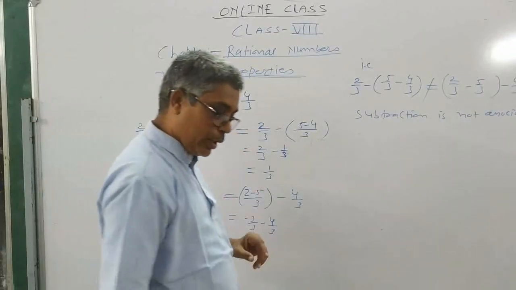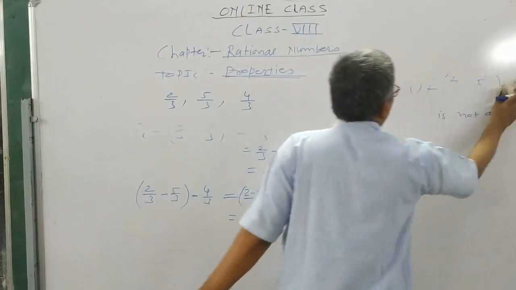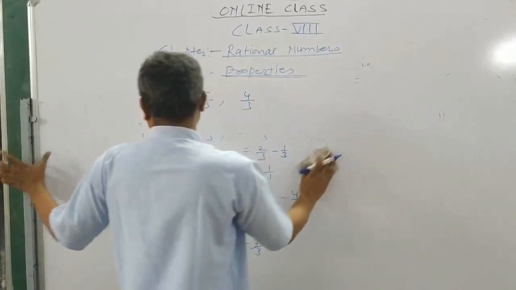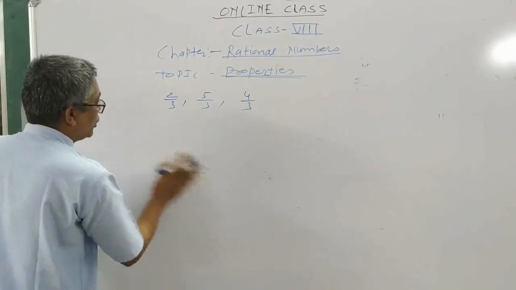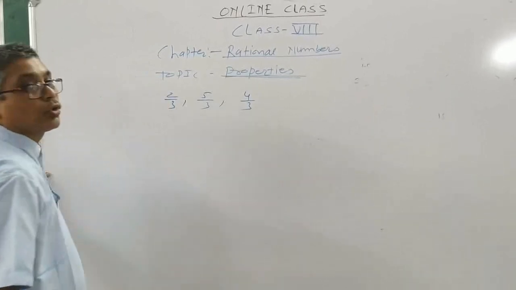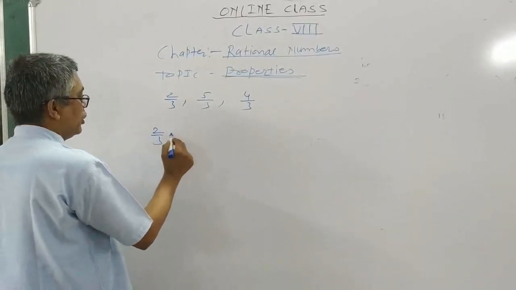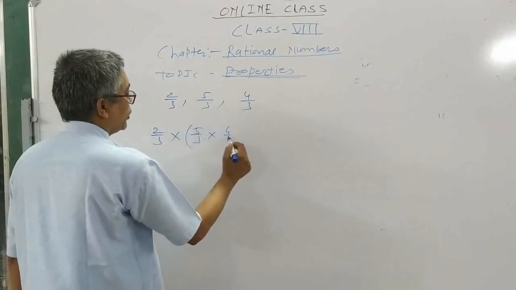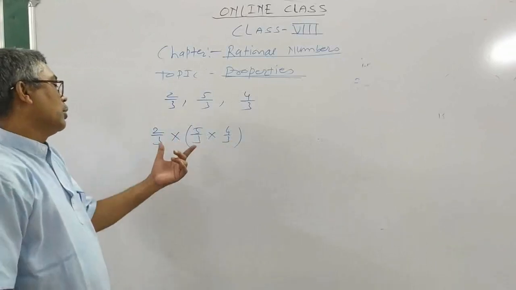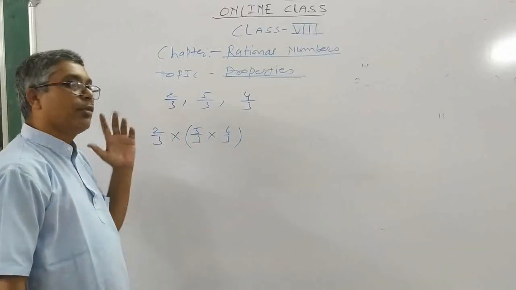Now let us take one another example. हमारे पास ये सेम तीन रैशनल नंबर्स हैं और हम देखेंगे कि मल्टीप्लिकेशन एसोसिएटिव है क्या. So here we take 2/3 into bracket 5/3 into 4/3. हम इस ब्रैकेट के मल्टीप्लिकेशन को 2/3 से मल्टीप्लाई करेंगे.